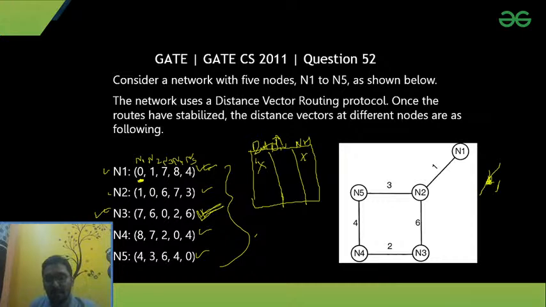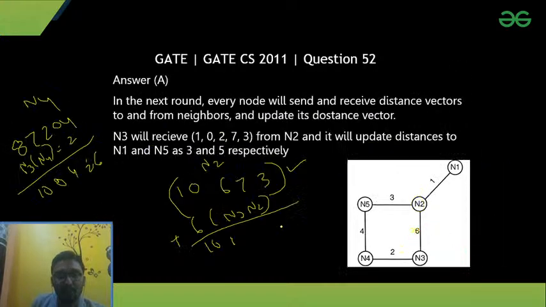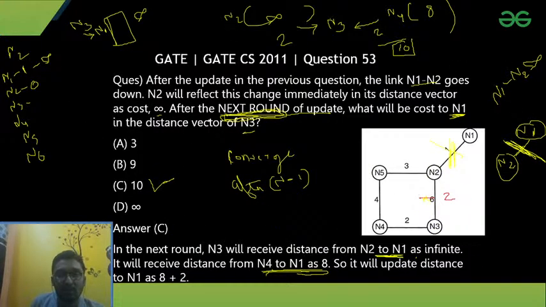So where did this 8 come from? You can see the distance vector for N4 was 87204. It was given in the question. So it was given in the question that from N4 to reach N1, 8 was the distance.